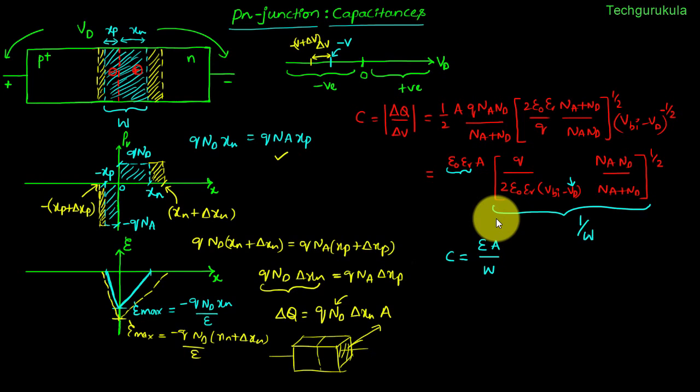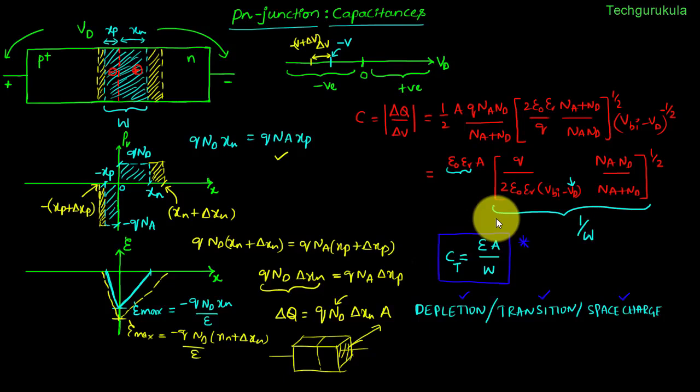So we can call this capacitance depletion capacitance or transition capacitance or space charge capacitance. We'll name it as C suffix T, representing transition capacitance. And we will reserve the C suffix D for the diffusion capacitance that we will discuss next. This equation looks very familiar.